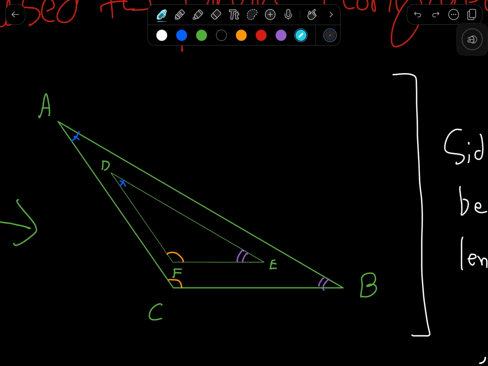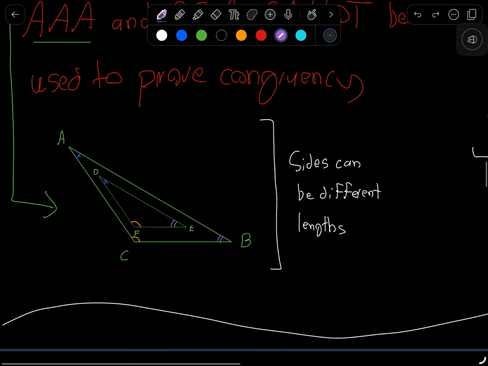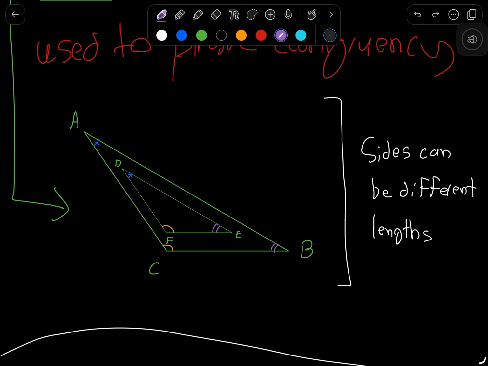The blue ones are congruent, the orange ones are congruent, the purple ones are congruent. But obviously these two triangles don't look like they're equal to each other. One of them is smaller. So the key thing to realize is that for angle, angle, angle, you can't prove congruency because the sides can be different lengths, right?